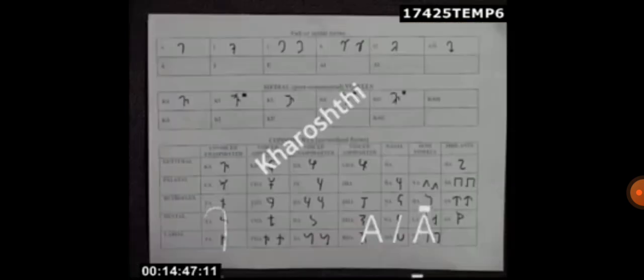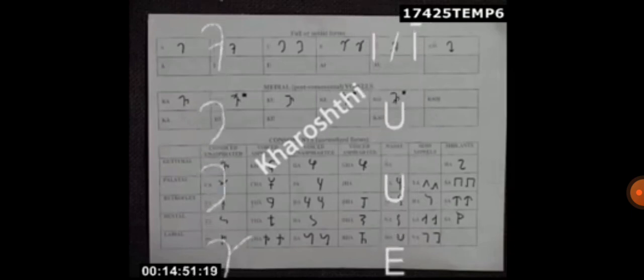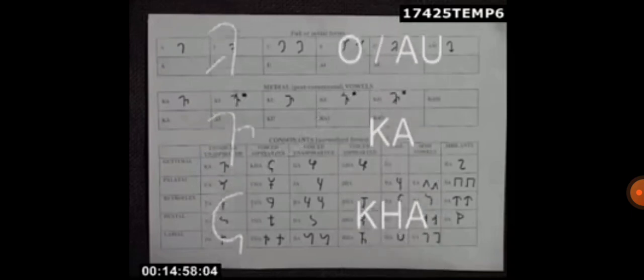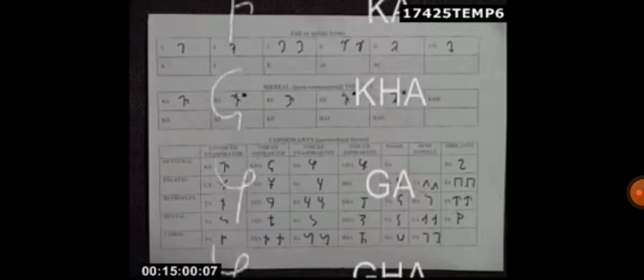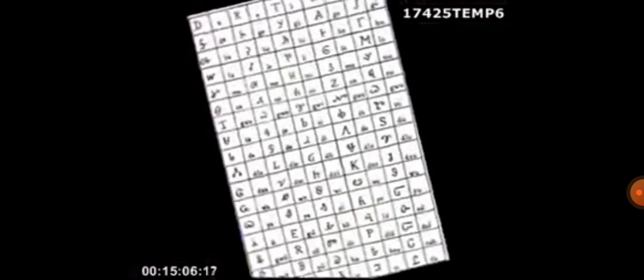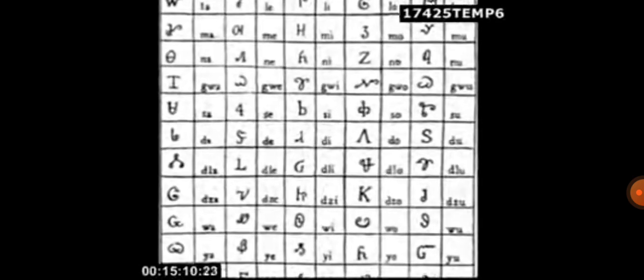There is a great deal of discussion on the origin of Kharoshthi script. Some say that it is the work of a single inventor. Others say that it is an evolution from Aramaic alphabet. Over a period of time, extensive modifications were made to denote certain sounds found in Indic languages.